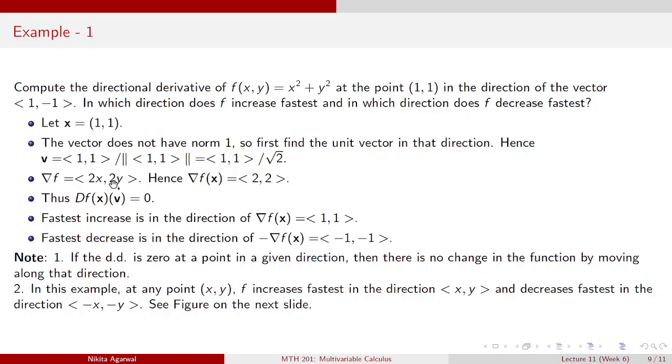It's 2x comma 2y. So at x comma y, the fastest increase is in the direction of x comma y because 2 can be ignored. It says the direction, so you can scale it. And it decreases fastest in the direction of negative x comma negative y, which is the negative gradient direction. We'll look at a picture in the next slide.